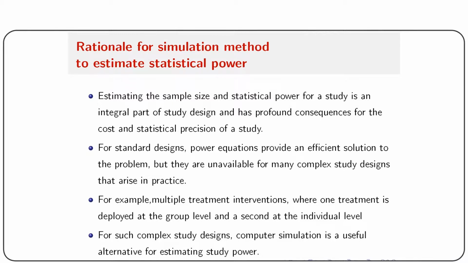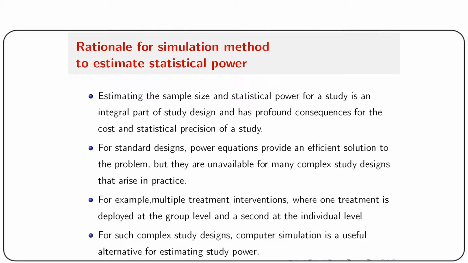So, for example, multiple treatment interventions where one treatment is deployed at the group level and the second at the individual level. For such complex study designs, computer simulation is a useful alternative for estimating study power.